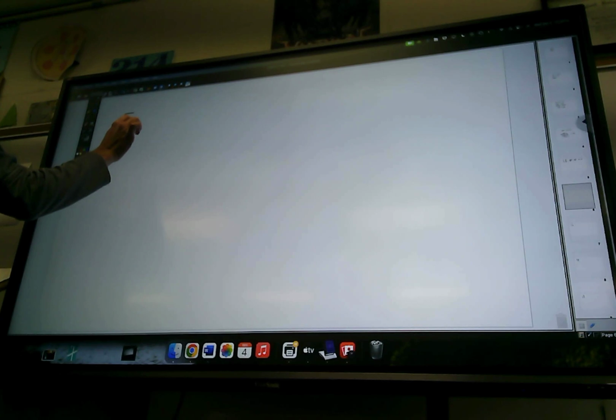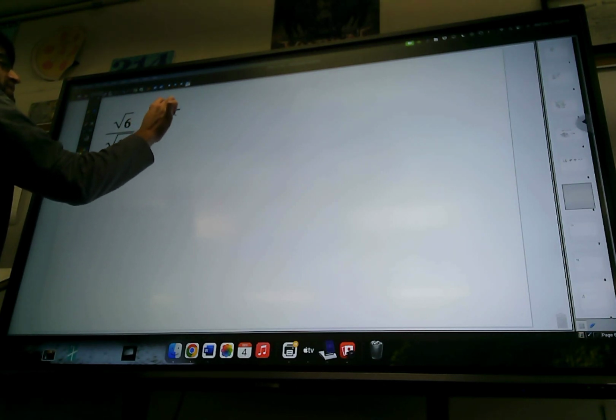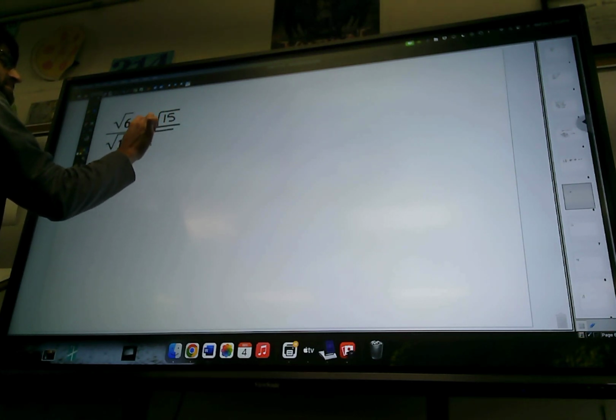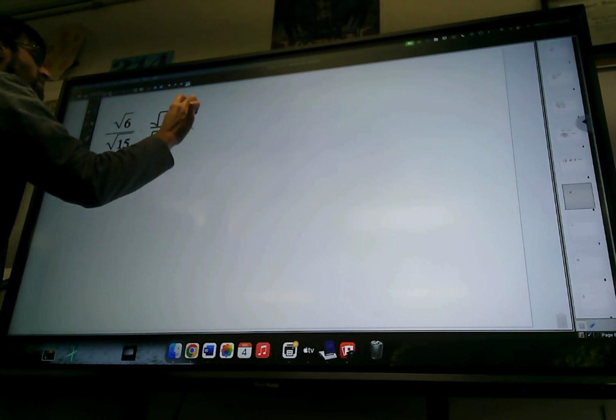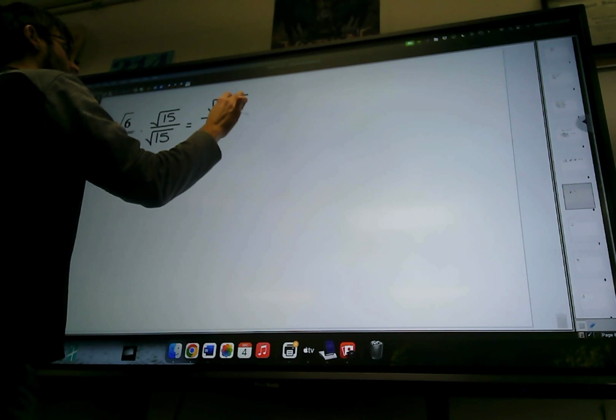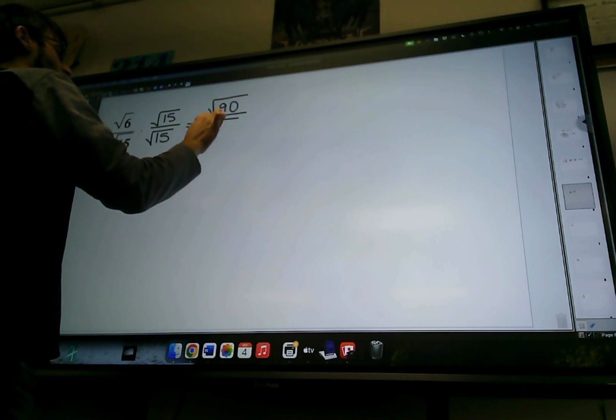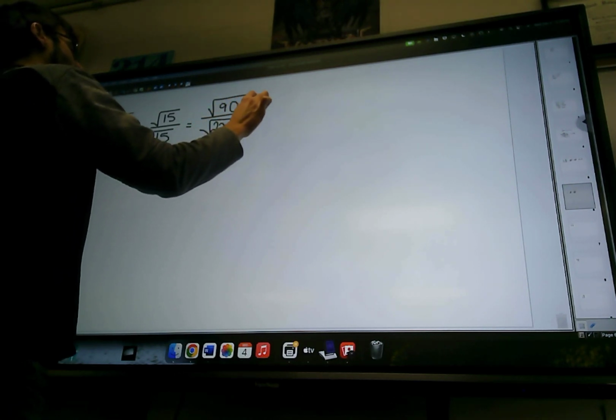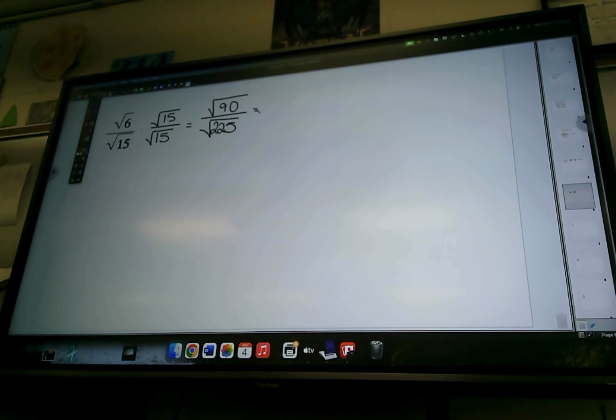First way, I'm just going to multiply by the square root of 15 over the square root of 15. That gives me the square root of 90 over the square root of 225. I know that 225 is a perfect square for what? 15.